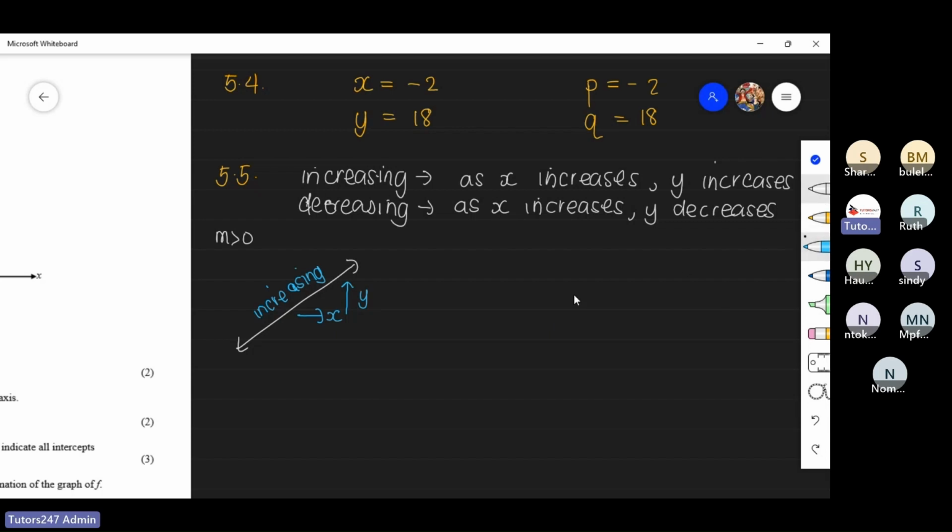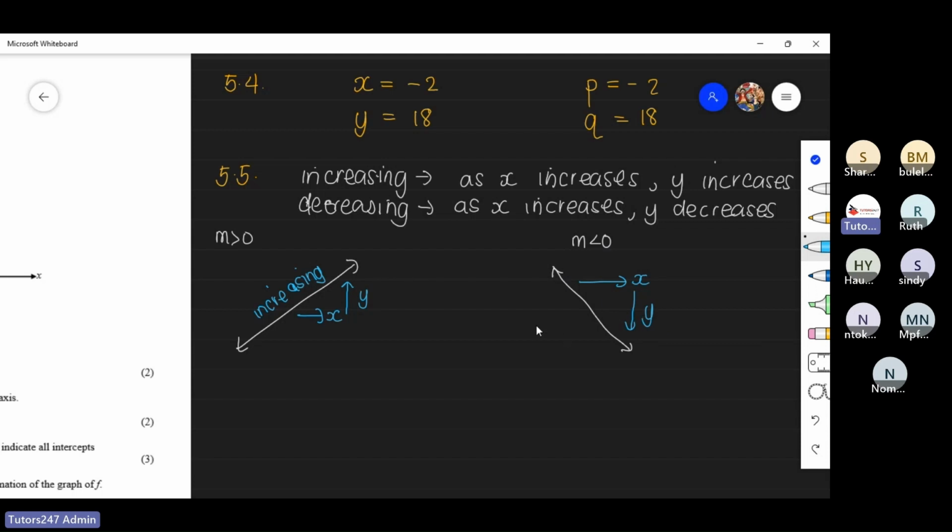And if you think about a negative gradient linear function, you can see that as you move to the right, as your value of x gets bigger, your value of y starts to get smaller. So as you move to the right, as x gets bigger, the y values start to decrease.